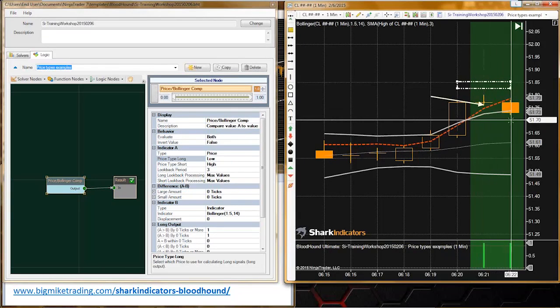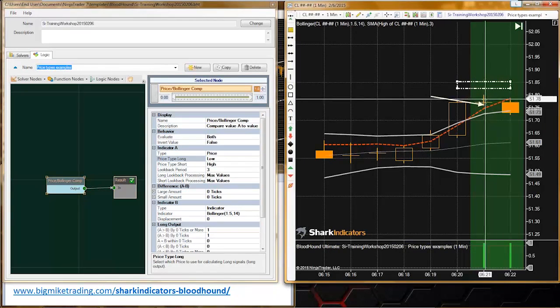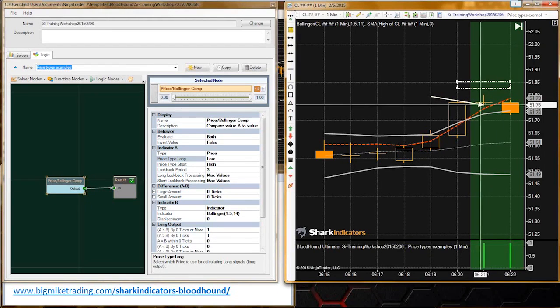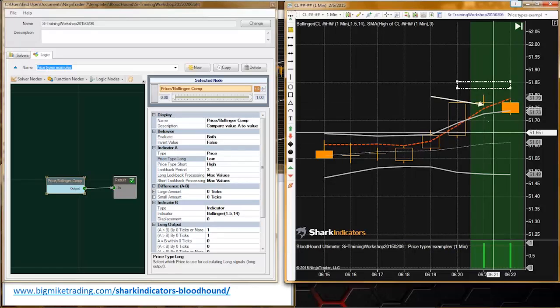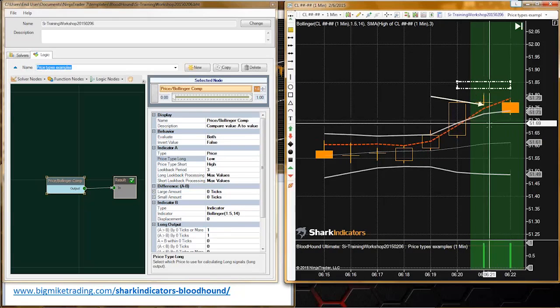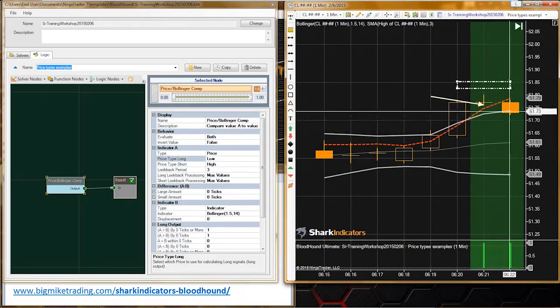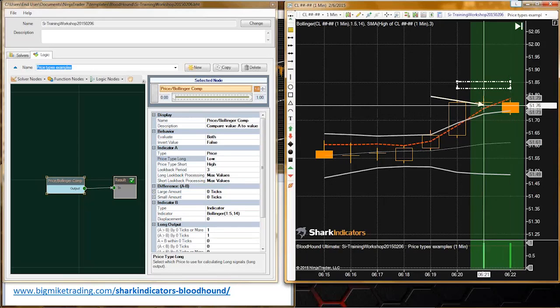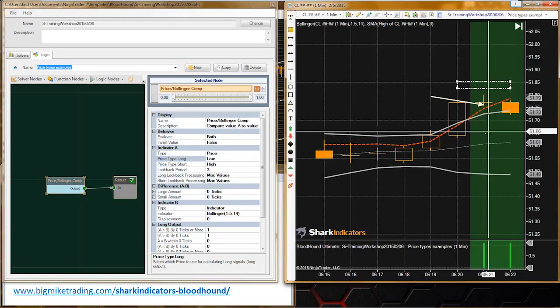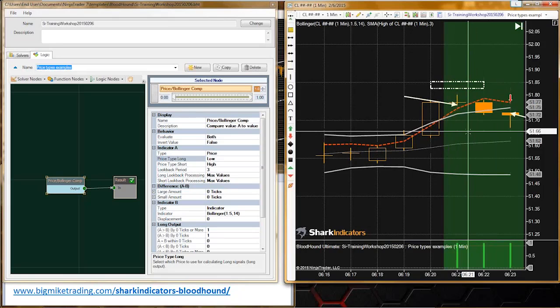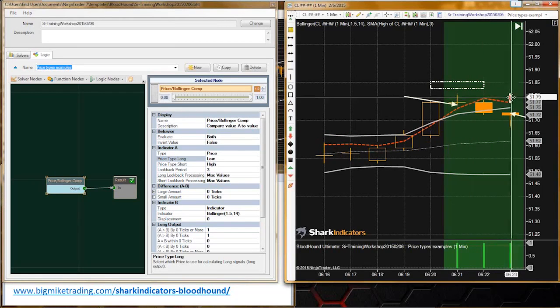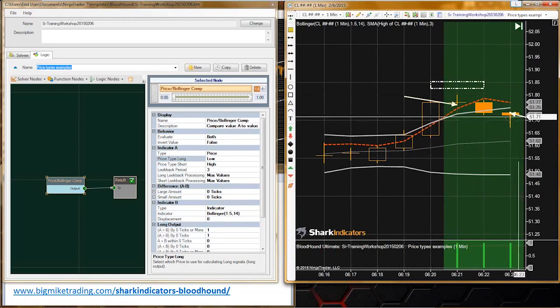So we step forward another bar. This little doji here still has the highest low value, and it is still above our bands. That's why we get a long signal, because the highest low is still above our bands. And let me delete those.